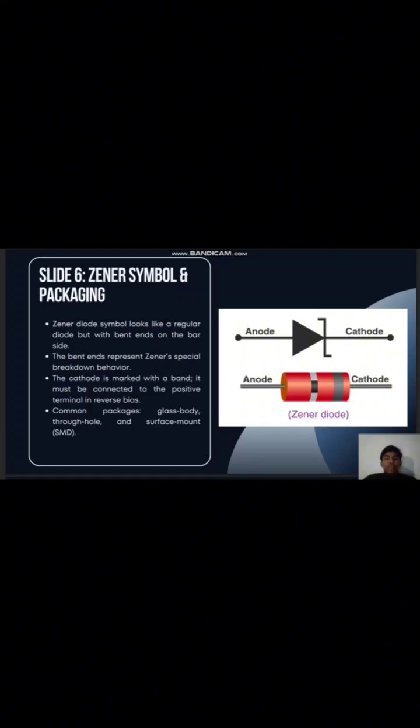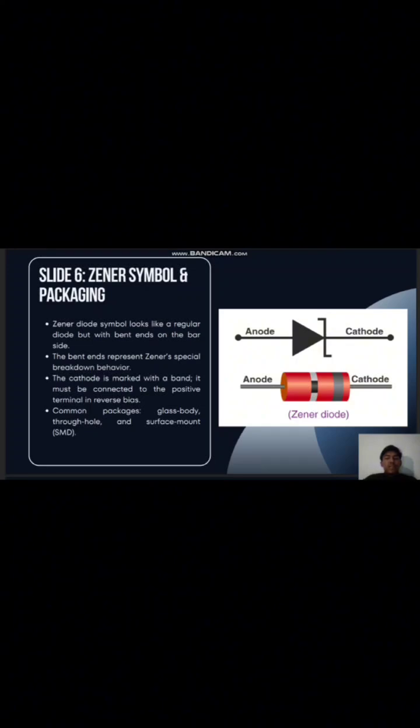This shows that the diode can conduct in reverse bias after reaching its Zener voltage, unlike a normal diode that blocks reverse current. The cathode is marked with a band. It must be connected to the positive terminal in reverse bias.